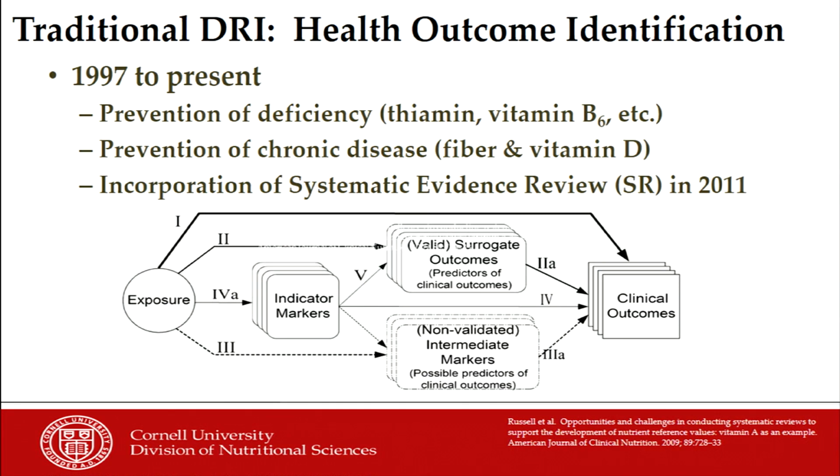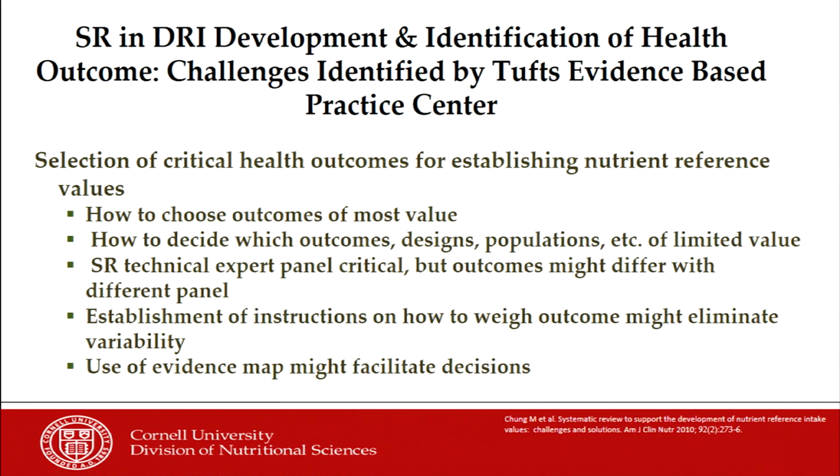For two nutrients, at least consideration of prevention of chronic disease endpoints was included in the specification of the DRI, and these include fiber and vitamin D. And beginning with vitamin D and calcium, there was an incorporation of systematic reviews in 2011, and shown here is a generic analytic framework for looking at how exposure or intake of the nutrient directly or through valid surrogate endpoints or indicator markers relate to clinical outcomes.